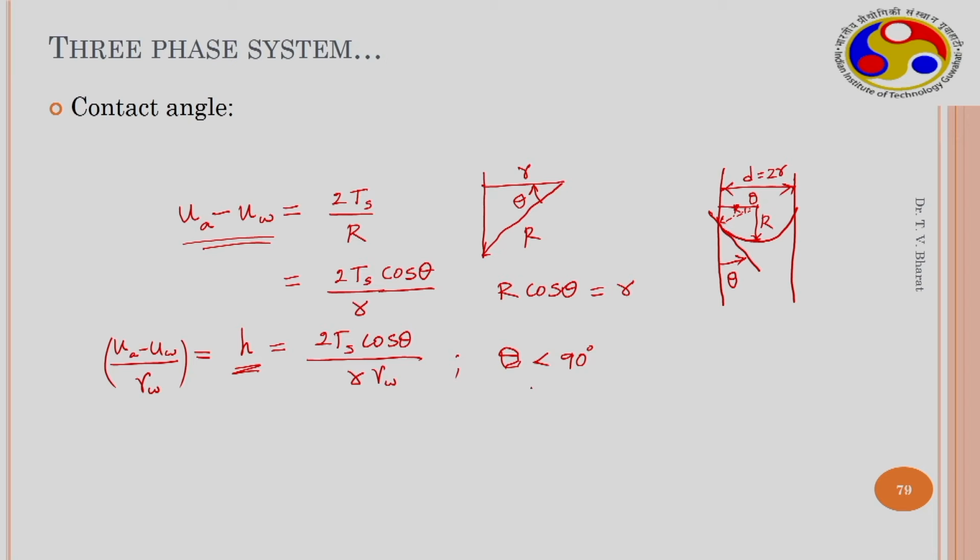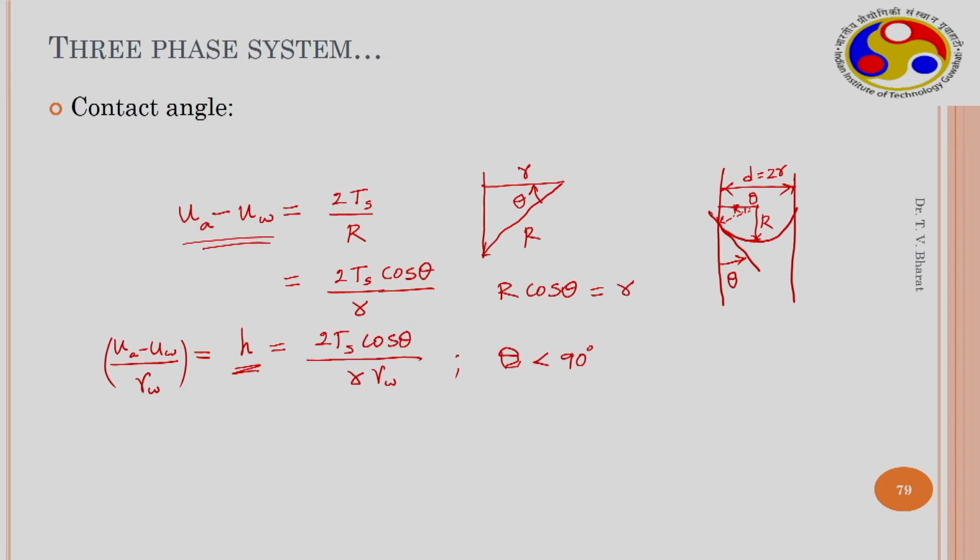The contact angle is very useful to quantify whether a depression or a capillary rise is taking place. There are several possibilities for the contact angle. The pressure drop across the interface in a capillary tube for any contact angle could be estimated using this expression, and the possibilities here are, first, theta equals 0, the contact angle is 0 degrees, meaning perfectly wetting.